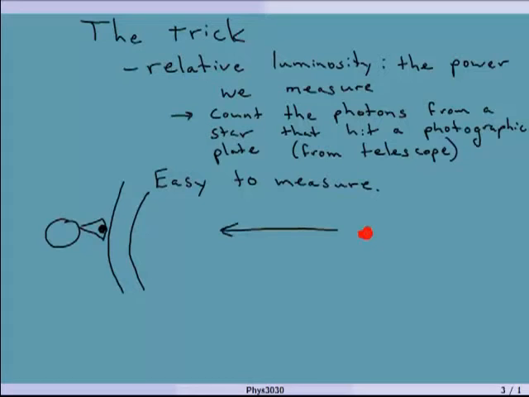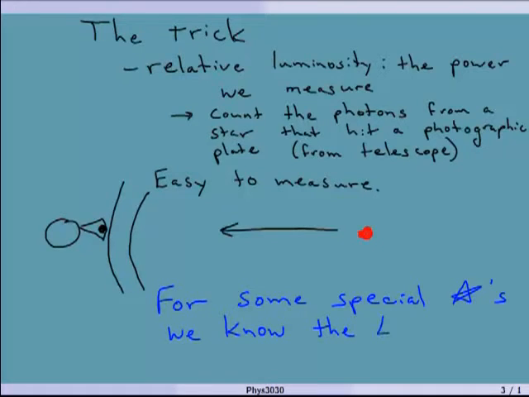But the trick is, for some special stars, we know something about the luminosity. We know the actual intrinsic luminosity, exactly at the surface of the star.